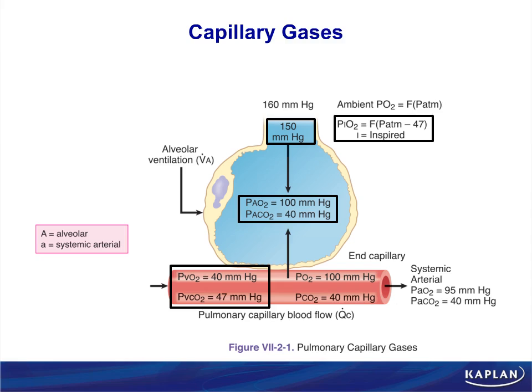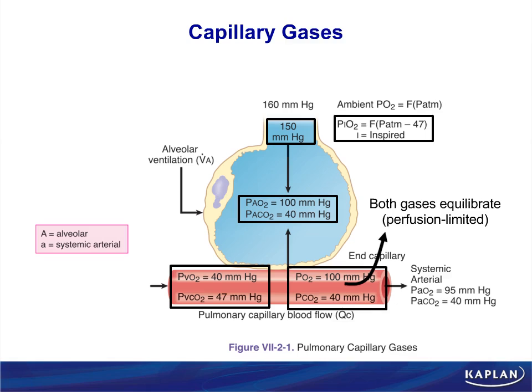Gases are going to move. They're going to diffuse based upon pressure gradients. Notice by the time we get to the end of the capillary, the PO2 has equilibrated with the alveolus. It's now 100. We went from 40 to 100. And the CO2 has now equilibrated with the alveolus. We went from 47 to 40.